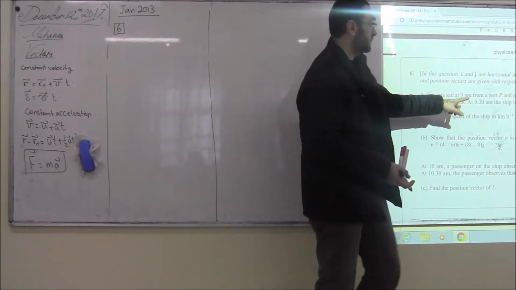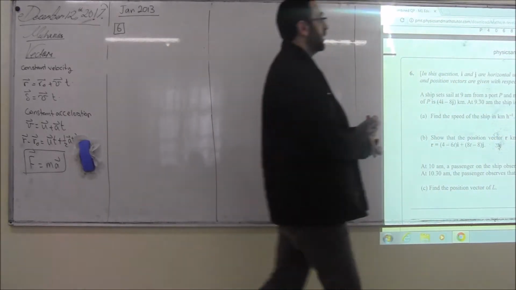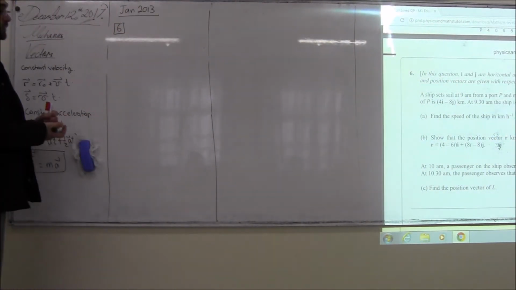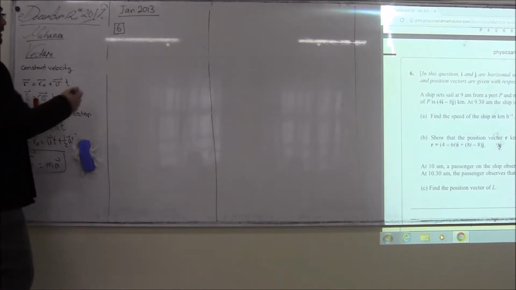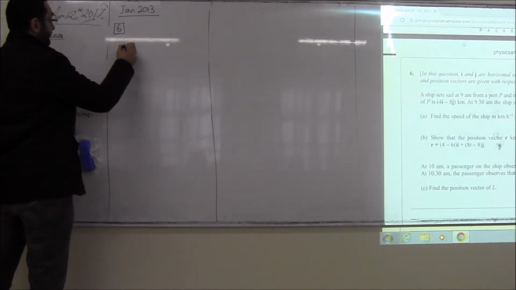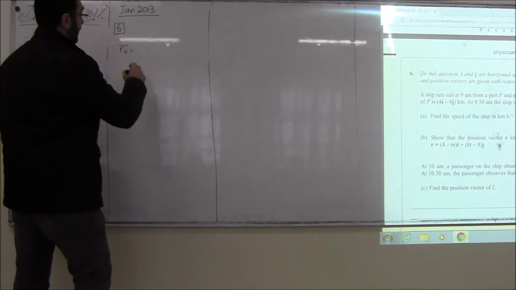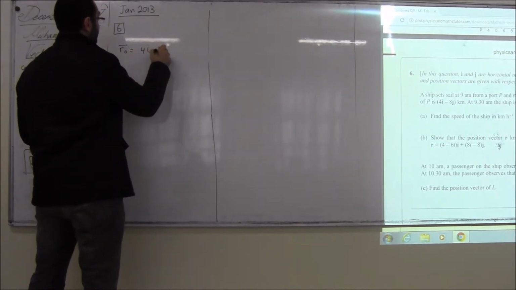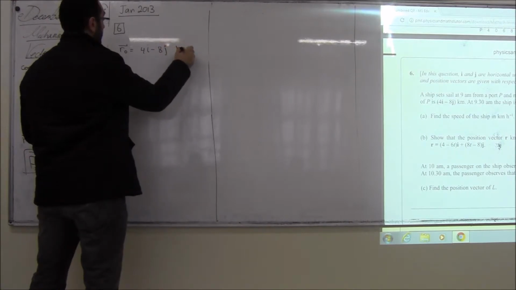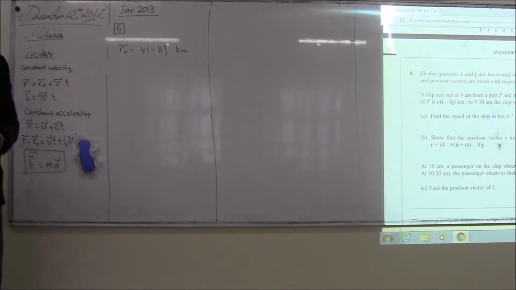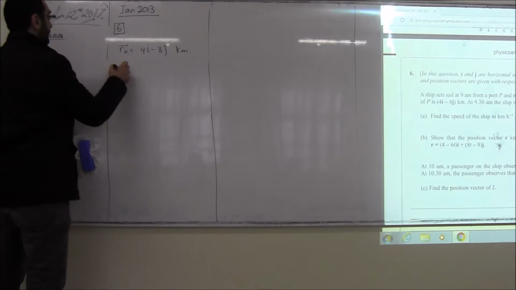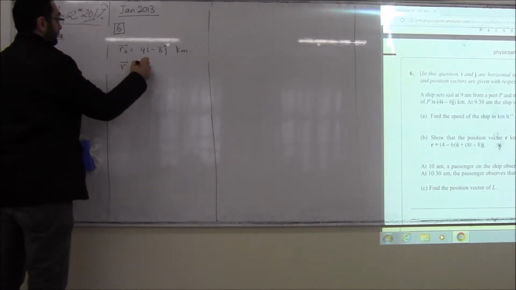At 9:30 the position vector becomes i minus 4j. Find the speed of the ship in kilometers per hour. The initial position given, which is at 9 a.m., is 4i minus 8j kilometers. This is the initial position, right? The final position is i minus 4j.